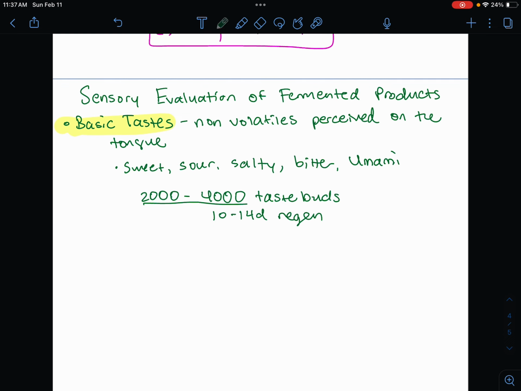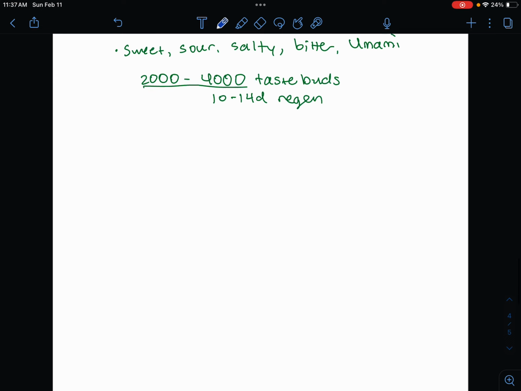Right, next, let's go to this next marked slide. Okay, so now let's talk about aromatics. Another key term, aroma, would be the volatile compounds that are perceived on the nose.